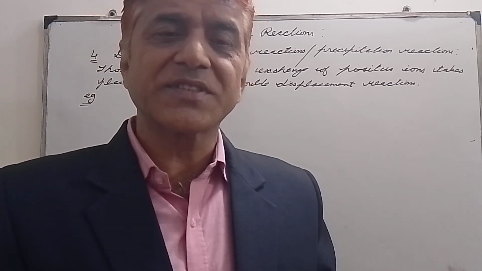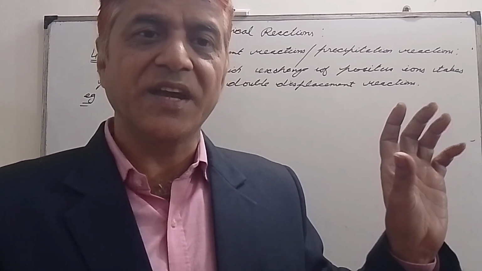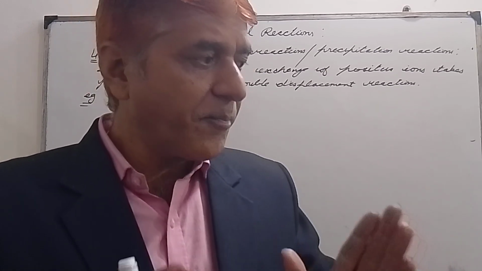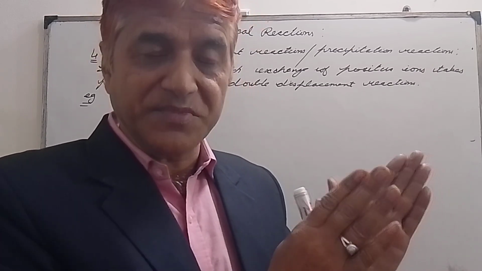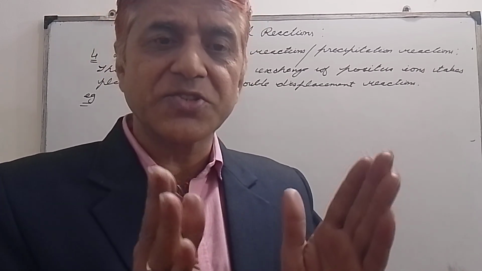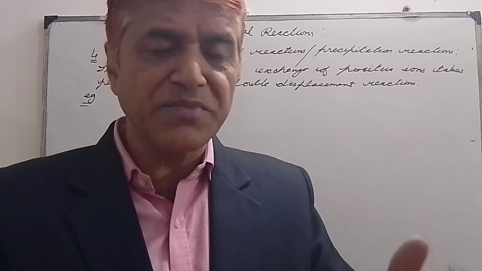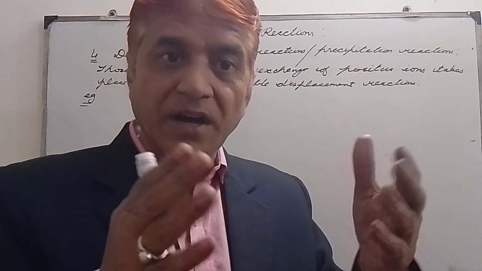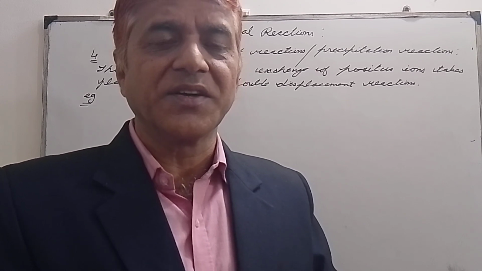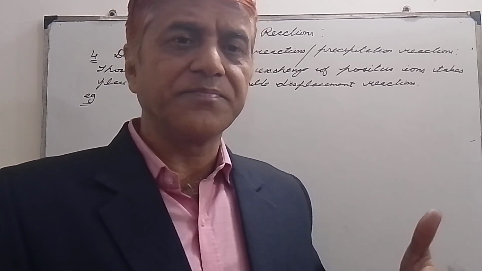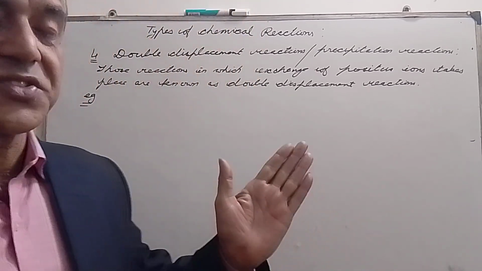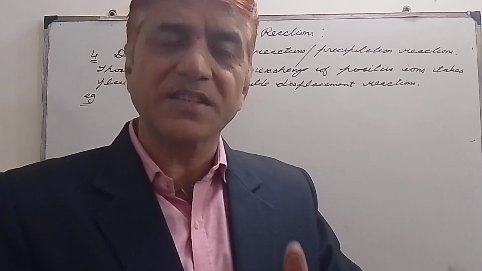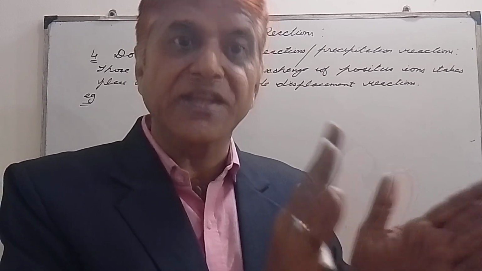Ionic compounds are made up of metals and non-metals, as I have already told you. Apart from these, there are also some covalent compounds which are ionic, for example acids. Acids are covalent compounds, but they are also ionic.